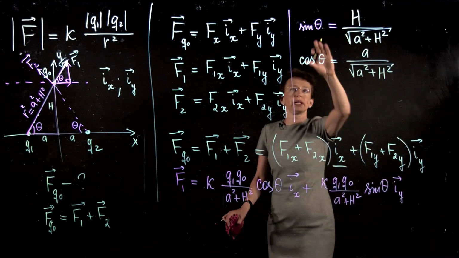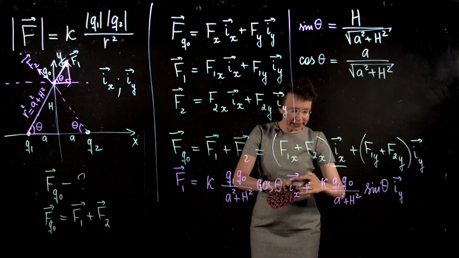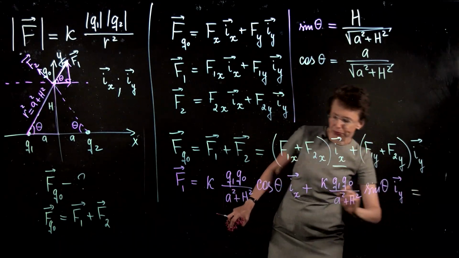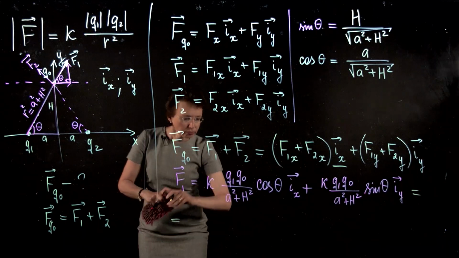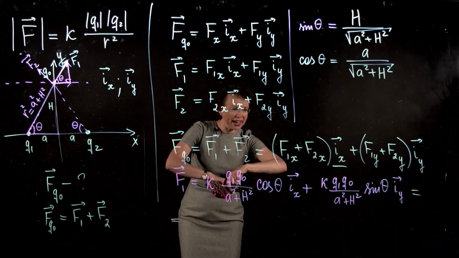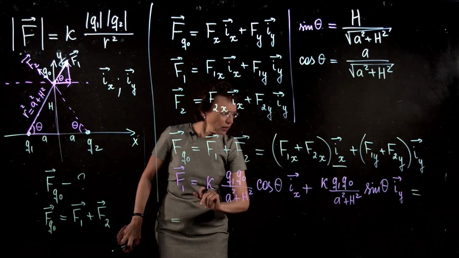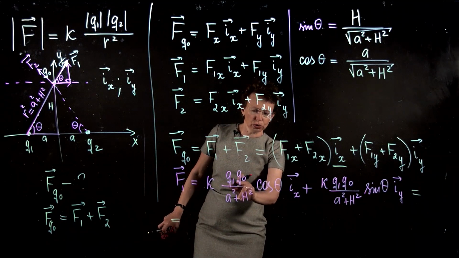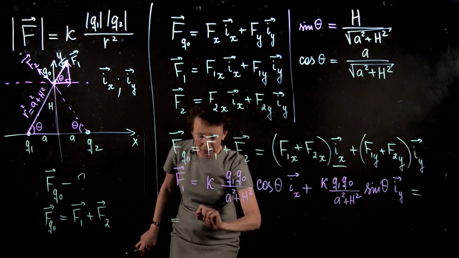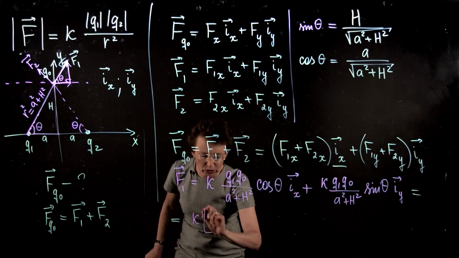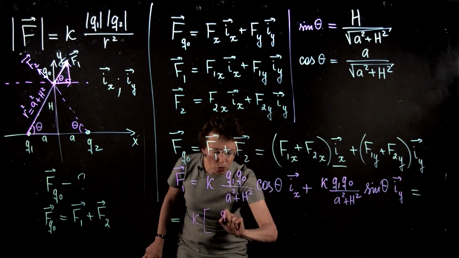So now we bring sine and cosine right here. What will we have? I will factor out k. Can I factor out also q1, q naught? Let's keep them there. I'll just factor out k. So I have q1, q naught.